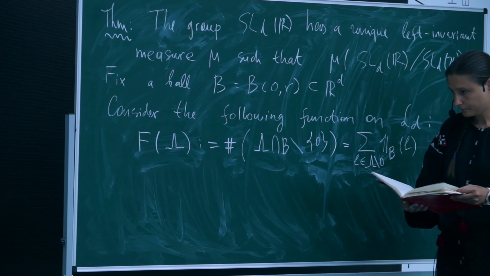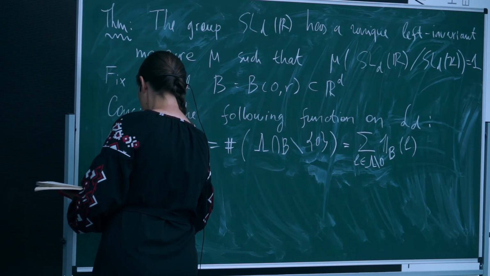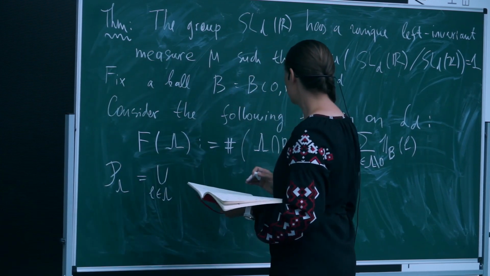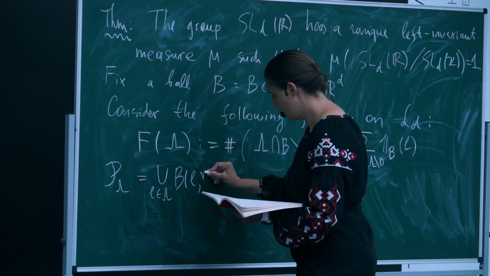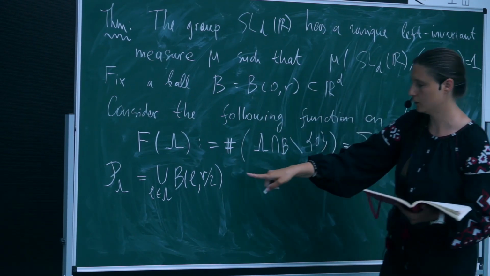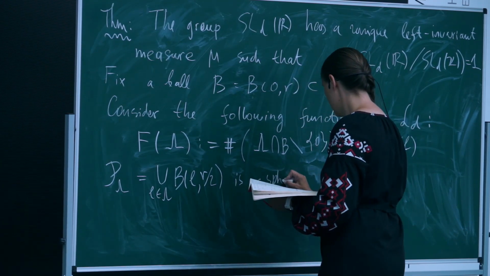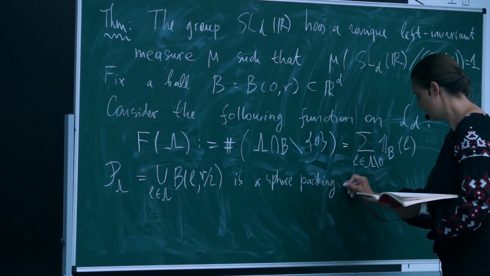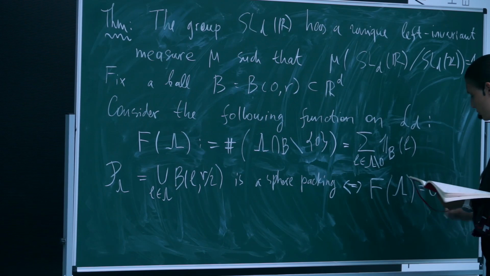Now, it's clear that if we take the lattice packing with balls of radius twice smaller than the ball here, then this is a sphere packing if and only if the function f of lambda is 0.